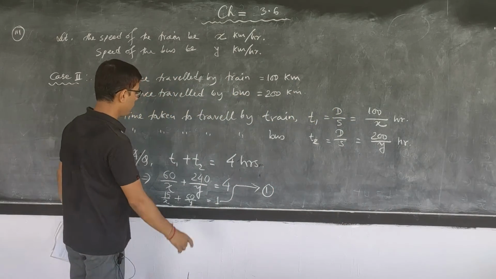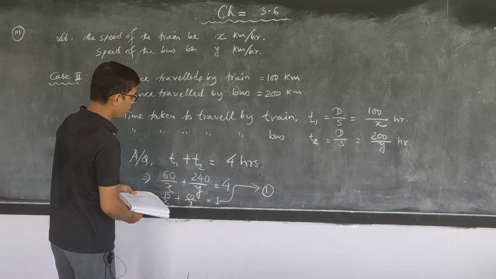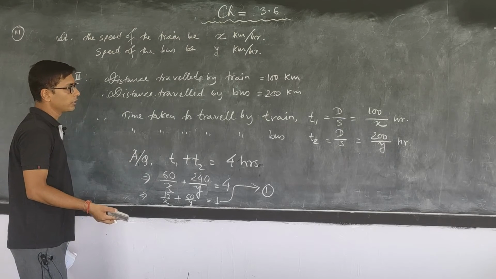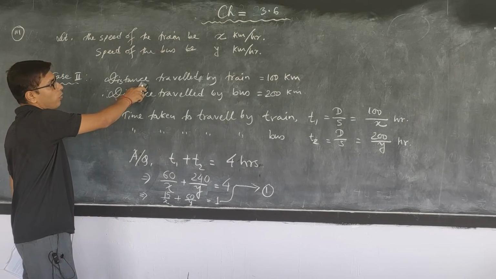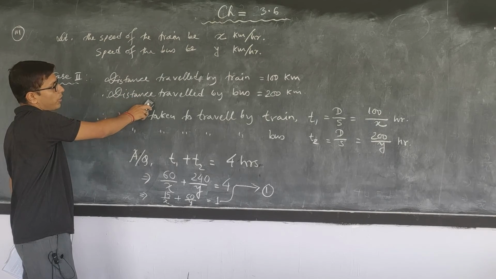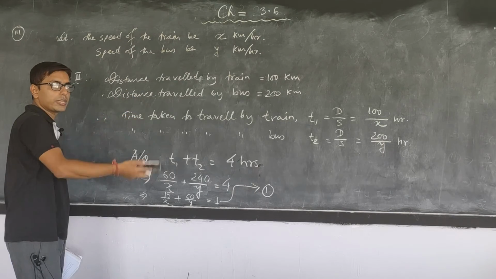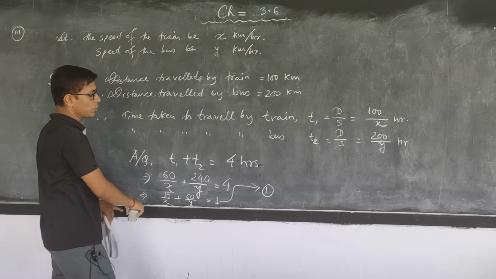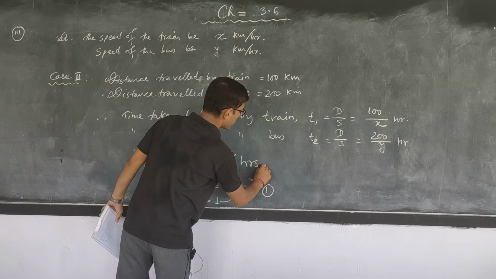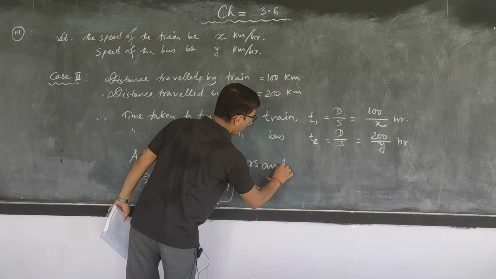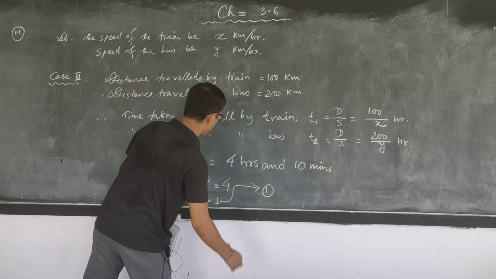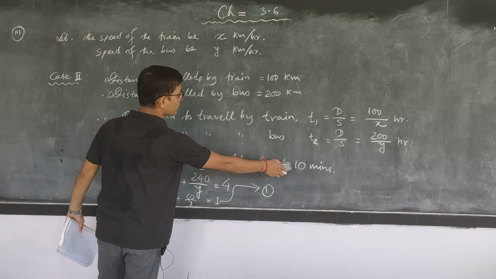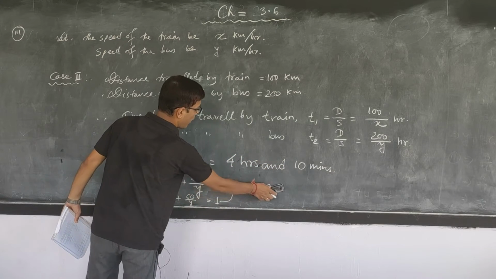Alright. Now according to the question, she travels this 300 kilometers partly by train, 100 kilometers by train, and the remaining 200 kilometers by bus. Then she takes 10 minutes more than 4 hours. So 4 hours and 10 minutes. Let us convert this 10 minutes into hour form.